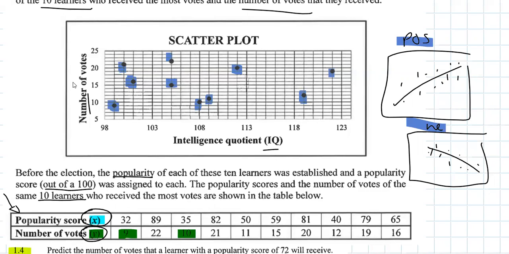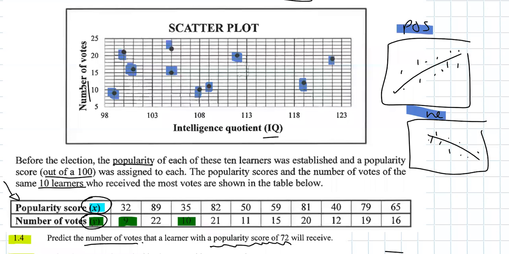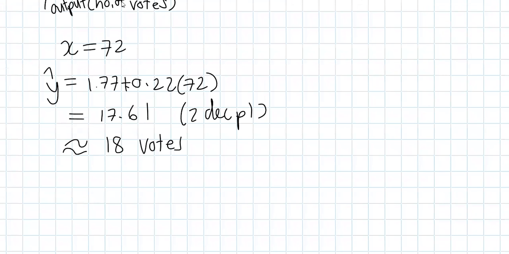Another way you could say that is that there's a low correlation between IQ and the number of votes. So you just have to write this answer in words.